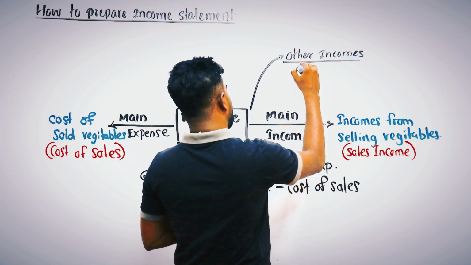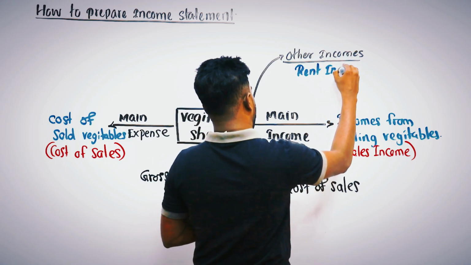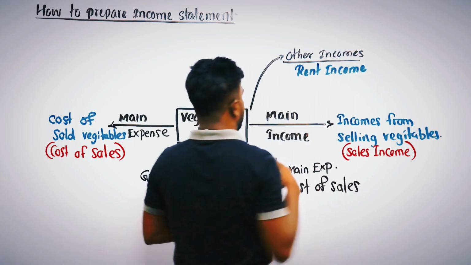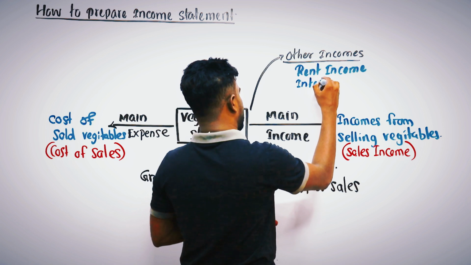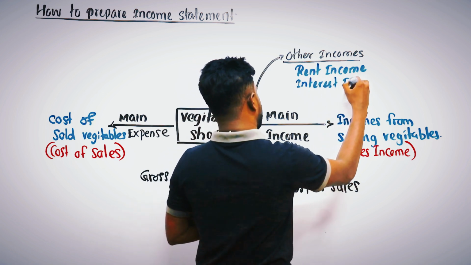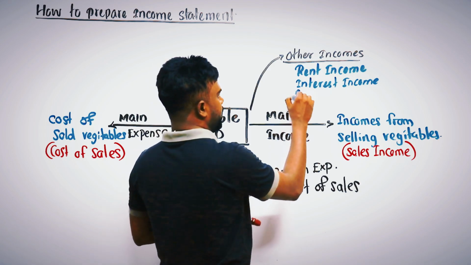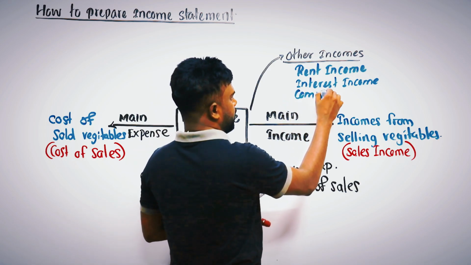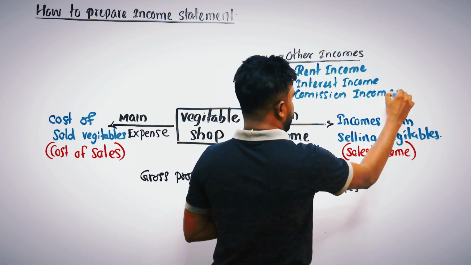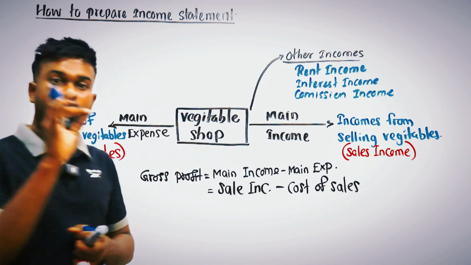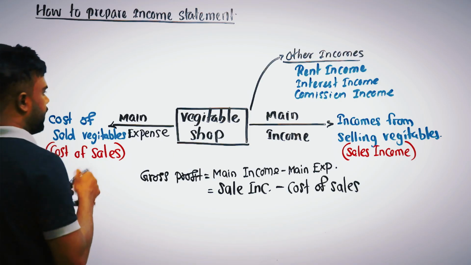You can get rent income and interest income, in addition to selling vegetables. Commission income, like that way. Therefore you can identify other incomes.